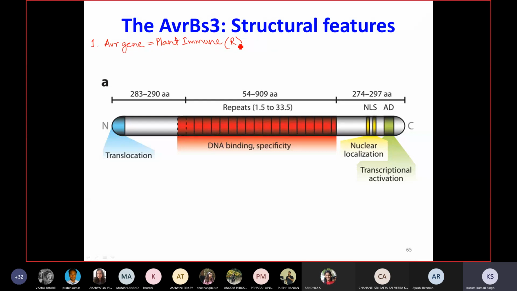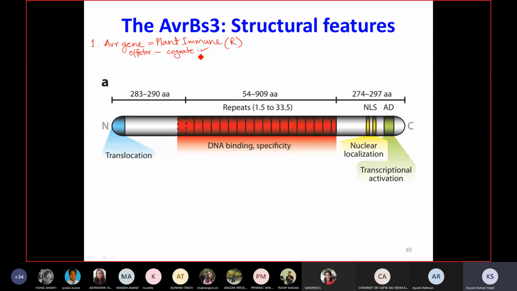But if the plant has the resistance gene, then this resistance gene is able to detect its effector, that is the avirulence effector, and this has to be cognate. Cognate means the same kind of resistance gene should be there to detect this effector gene. This was the first relationship we discussed, where we also saw pattern triggered immunity as well as effector triggered immunity.